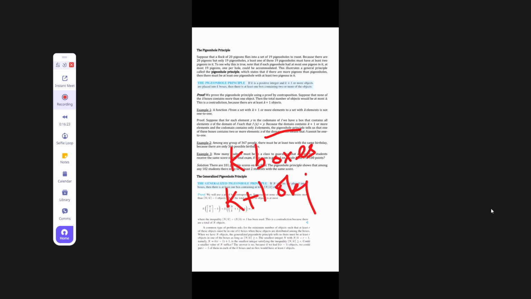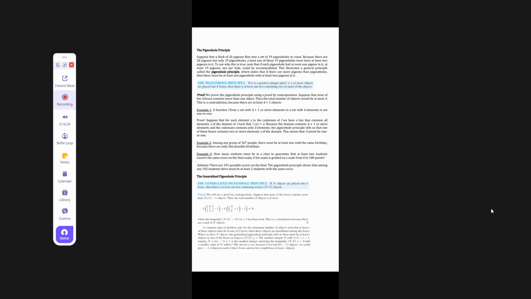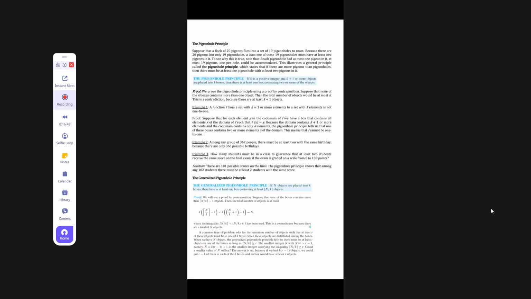Now this principle can also be extended to something called the generalized pigeonhole principle. What does it mean? Instead of k and k plus 1, I now say I have N objects and k boxes, where N is greater than or equal to k plus 1.